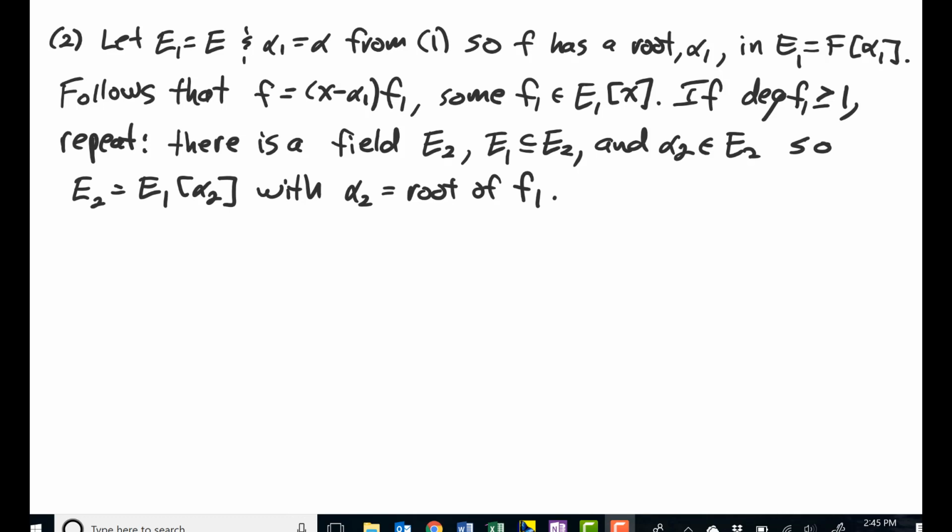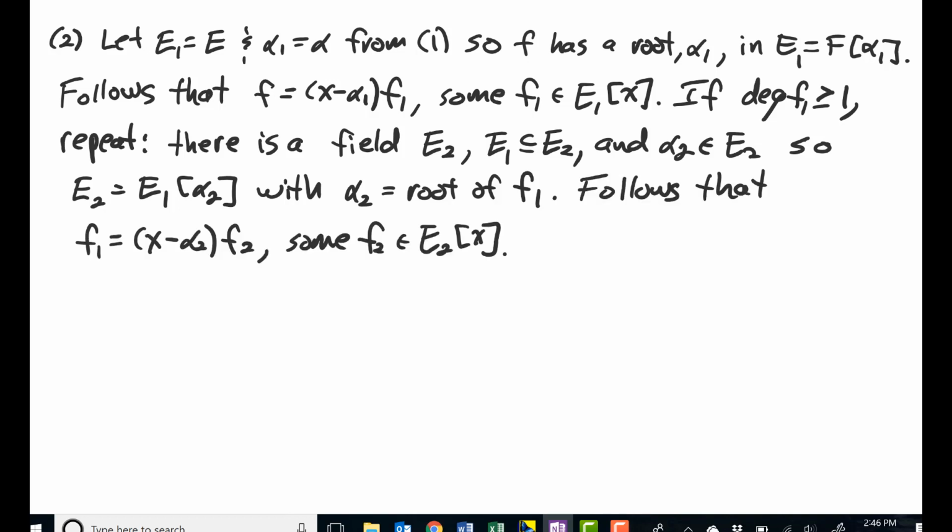So, by the same argument, there's a field E2 that contains E1, and there's an element alpha 2 in E2, so that E2 is just E1 adjoined alpha 2, and alpha 2 is a root of f1. Since alpha 2 is a root, then x minus alpha 2 divides out, so f1 is x minus alpha 2 times f2.